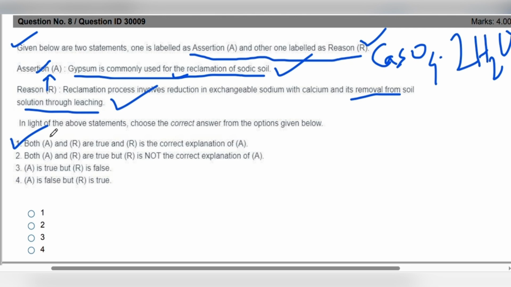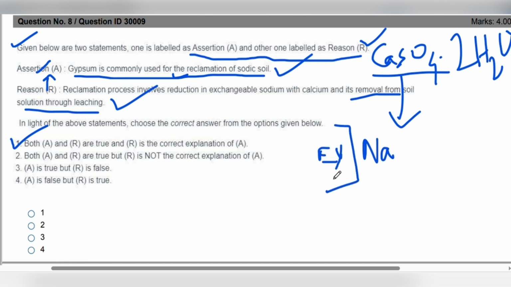We know this CaSO4 will exchange with sodium in the soil exchange complex. It will replace this sodium, and it itself will come and sit here. This sodium will react with sulfate and form Na2SO4, which is called sodium sulfate.